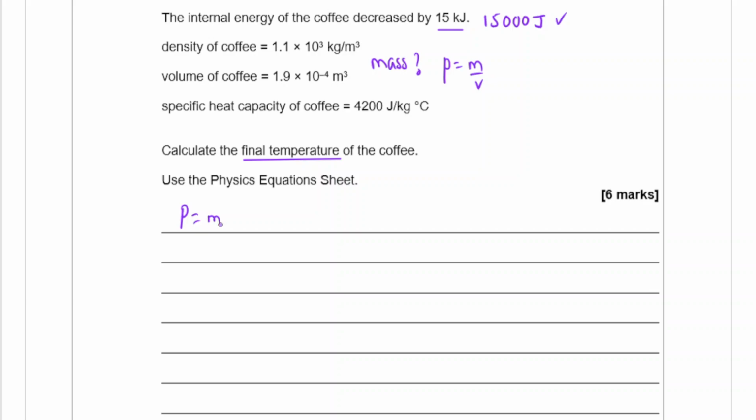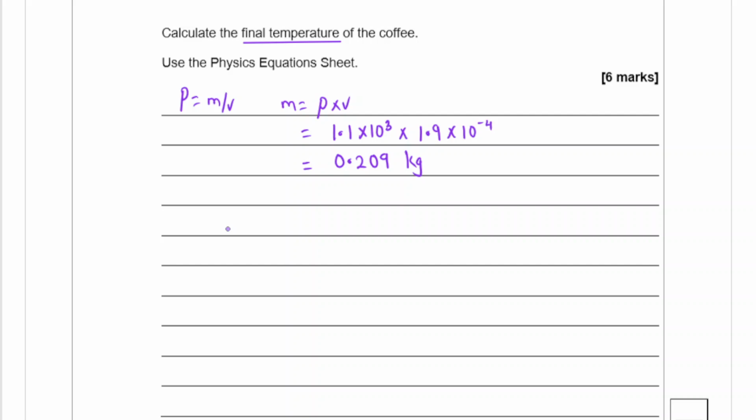Density equals mass over volume, so mass equals density multiplied by the volume. Density is 1.1 times 10 to the power 3 times 1.9 times 10 to the power minus 4. That would give you a mass of 0.209 kilograms.